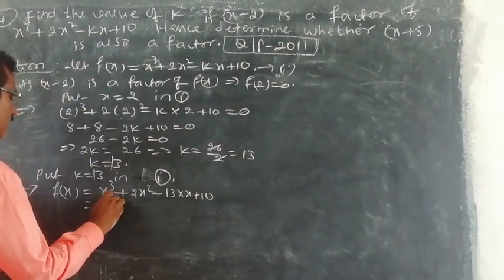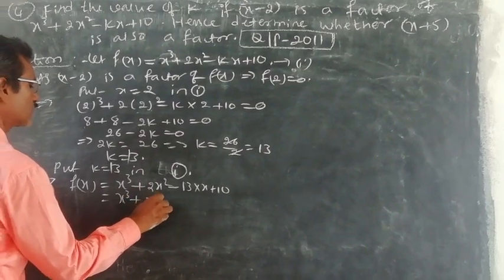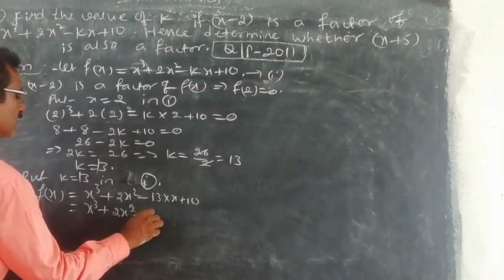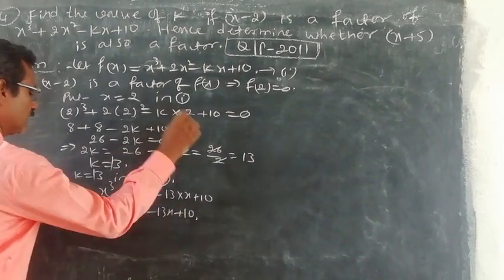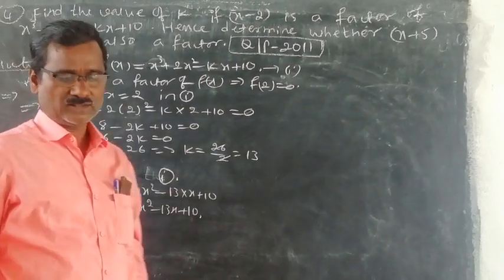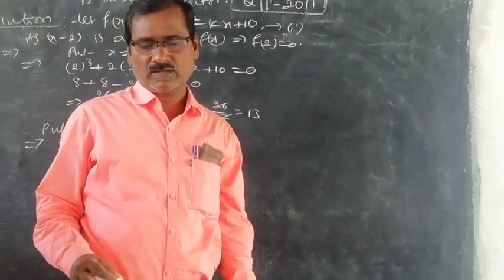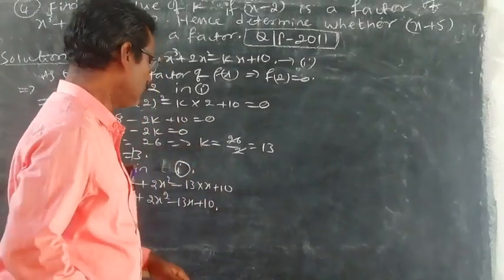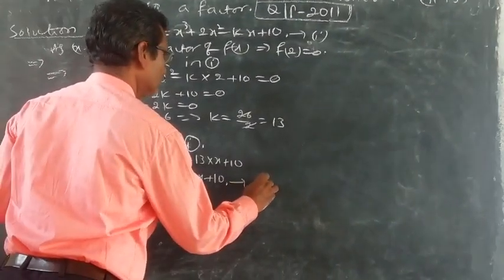So this implies x cube plus 2x square minus 13x plus 10. Call this equation 2.